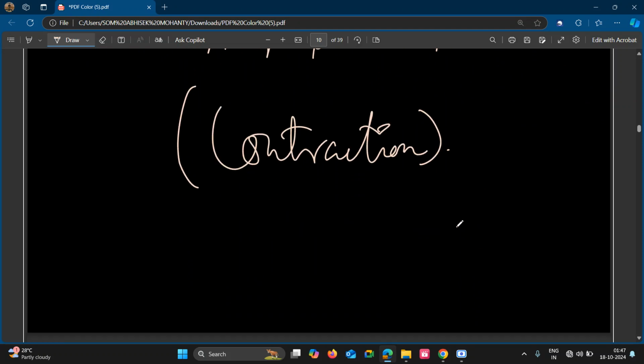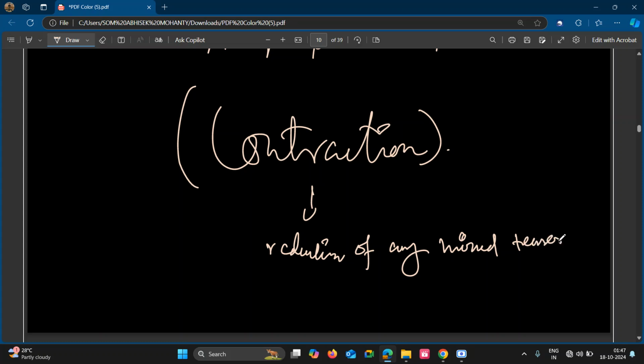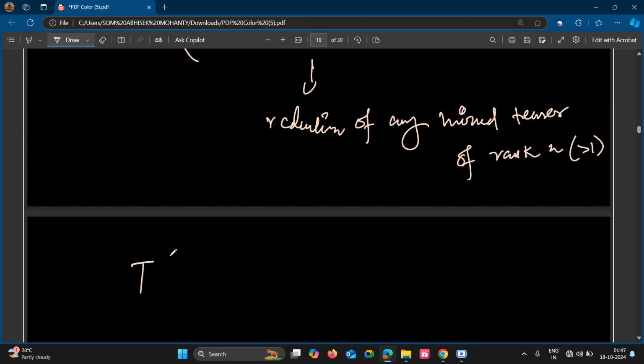So contraction implies a reduction of any mixed tensor of rank n, which is greater than or equal to 1, with p matching contra and covariant indices, to a new tensor of rank n minus 2p. If I give you more examples like T mu alpha mu, the mu cancels out, so T alpha.